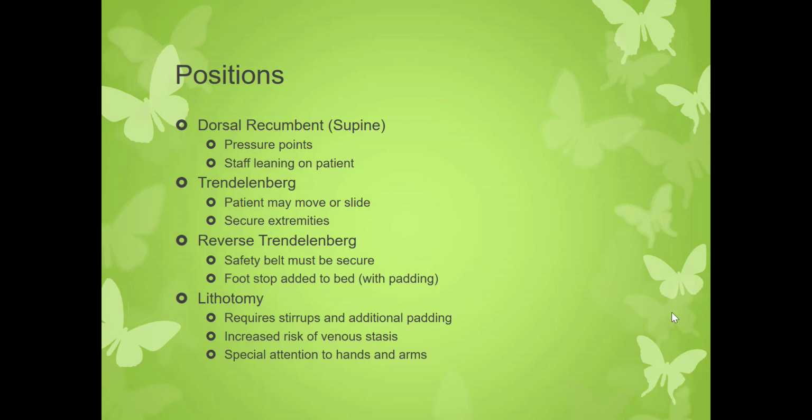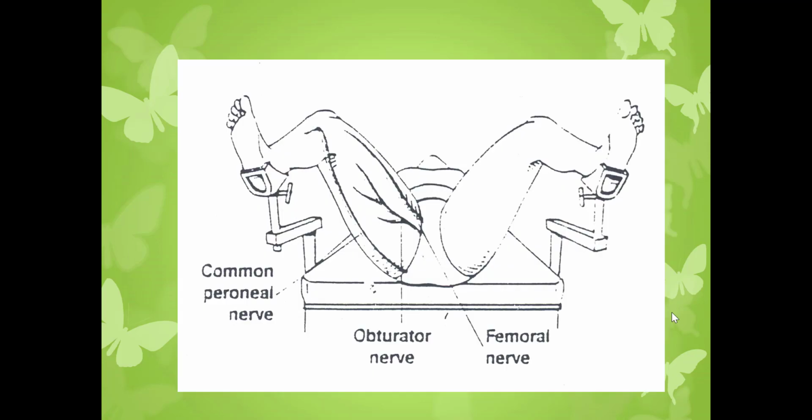If they're going to do that, you can't have the arms out to the side. So it's very challenging. There are a lot of nerves that you have to worry about potentially injuring, and this is always one of the ones that, believe it or not, takes more time to correctly position a patient for surgery.